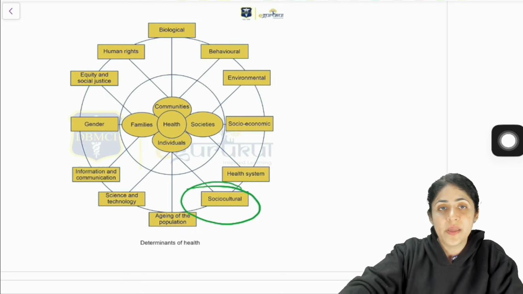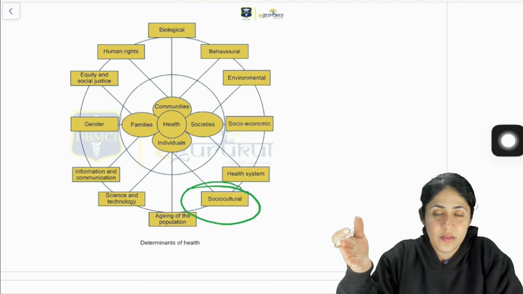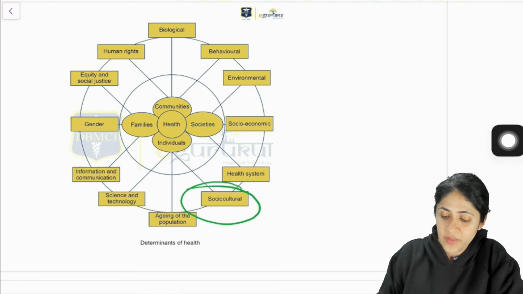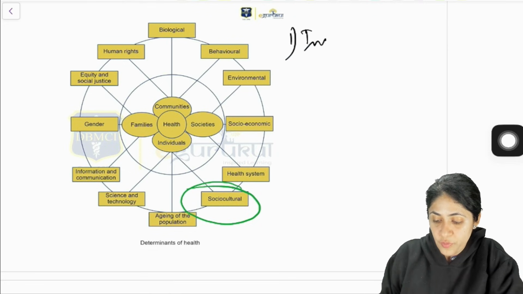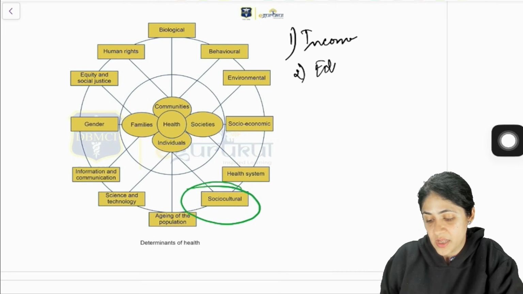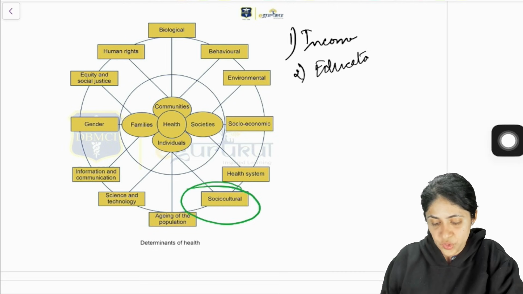So there are various social determinants of health which can influence health inequity. What are the various determinants? The income of a person can play a role. How protected a person is. Education again is a social determinant.